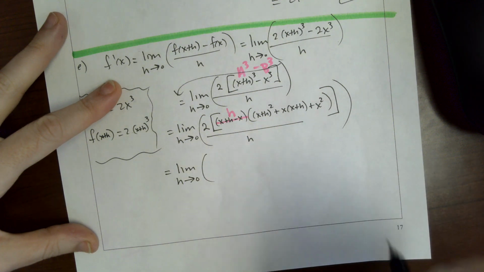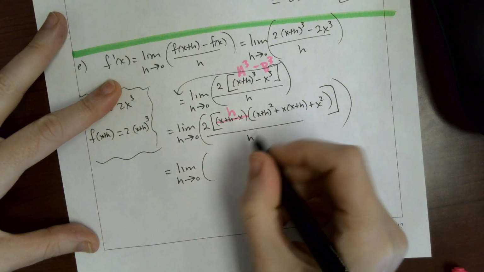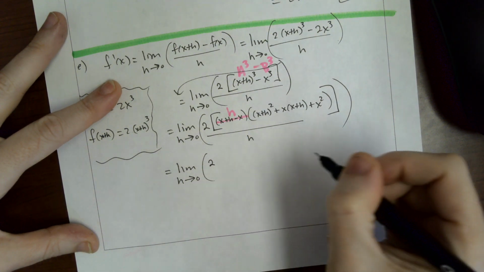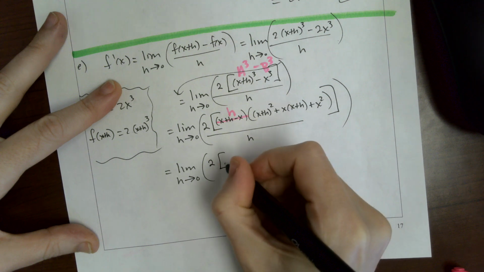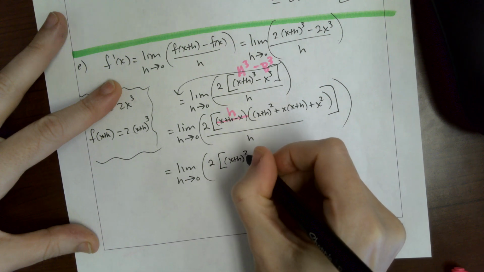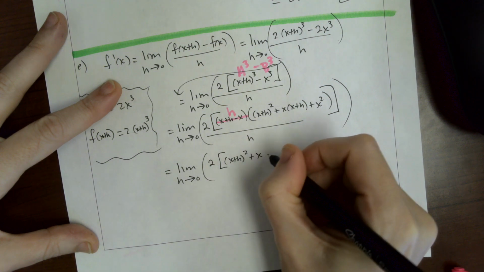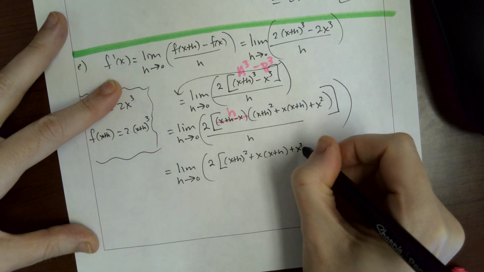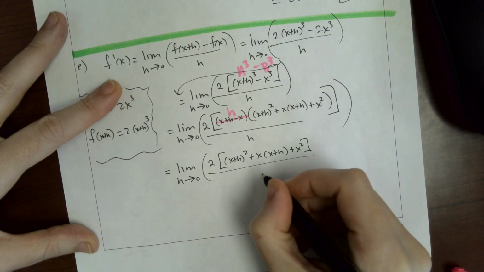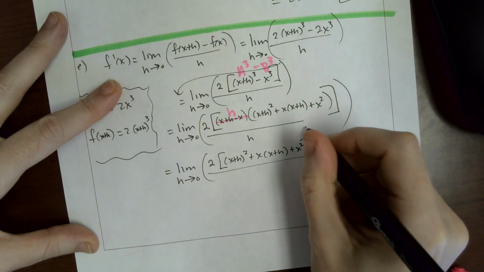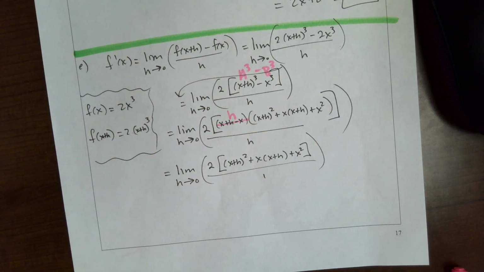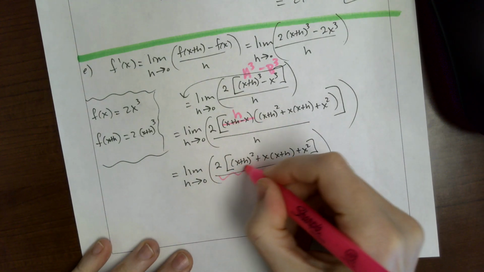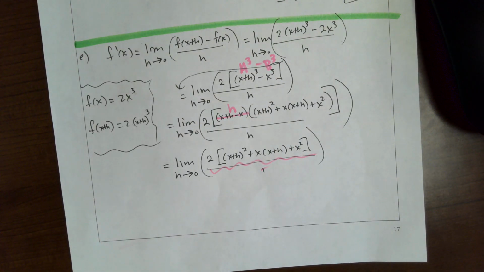What do I have left on the top? I've got 2, and then I've got all over nothing, my bad. So I guess I'll put a 1. You don't need any of that.